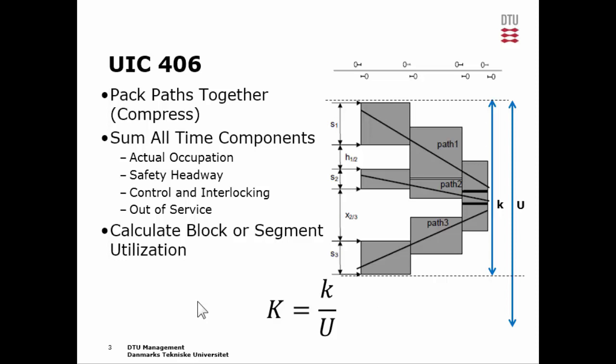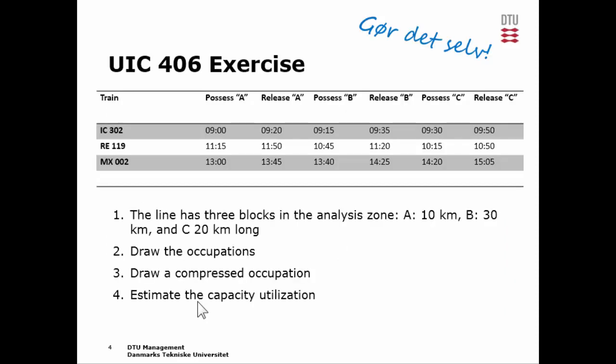So let's quickly try a little exercise for you folks at home. We have three trains, and we have the times that they enter and leave track blocks. We have three track blocks, A, B, and C. And we have the times that these trains take possession of the track block and then release the track block according to the signal system.